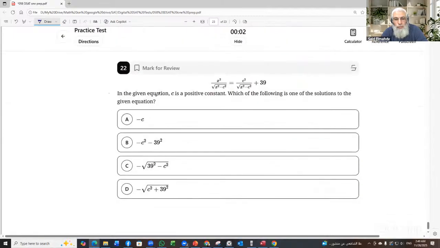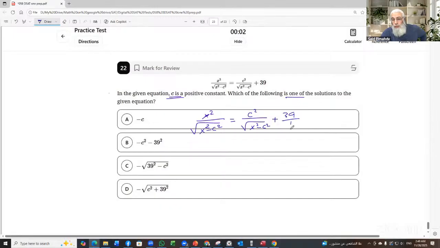Number 22. In the given equation, c is a positive constant. Which of the following is one of the solutions to the given equation? It says here x squared over square root of x squared minus c squared equals c squared over square root of x squared minus c squared plus 39.